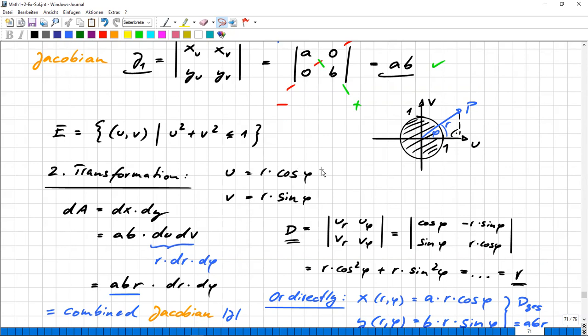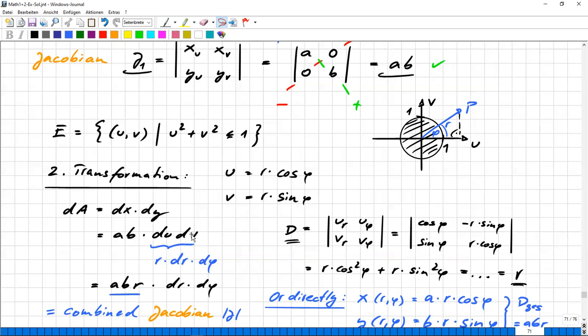That's nothing new. We've been using this all the time. Now, again, the question is, what is a differential area element dA, which is still equal to dx times dy, and this means it's also equal to ab times du times dv. But what is it expressed by the brand new variables r and phi?